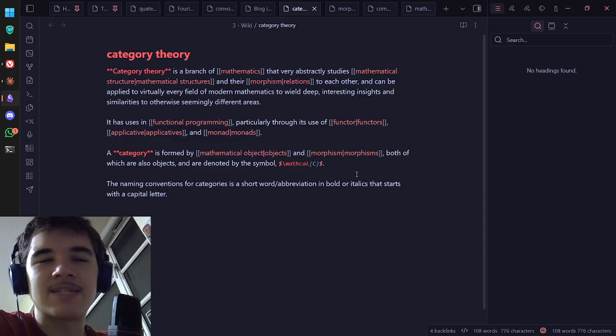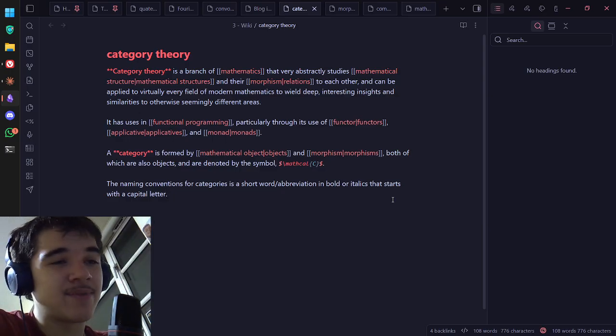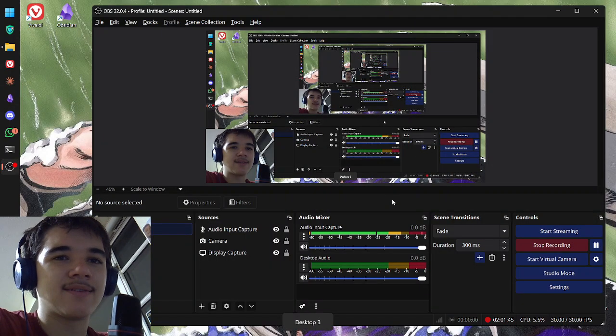I know that capitalized means this starts with a capital letter, but for some reason I think of uppercase when I think of that, which is not really the right thing.